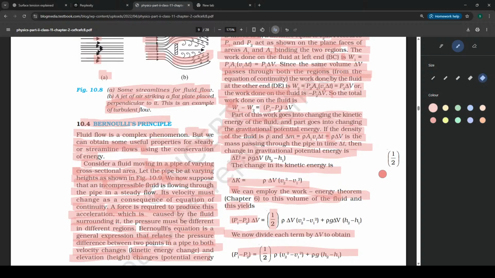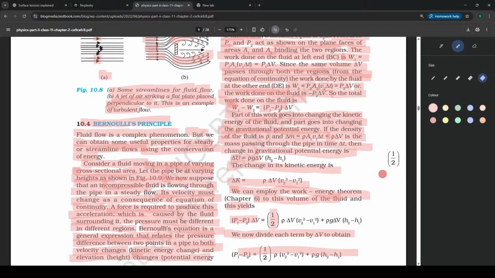And considering density, we will get the mass of the fluid, which is again constant, equal to rho A1 V1 delta T, where V is velocity, A is area, and delta T is time.